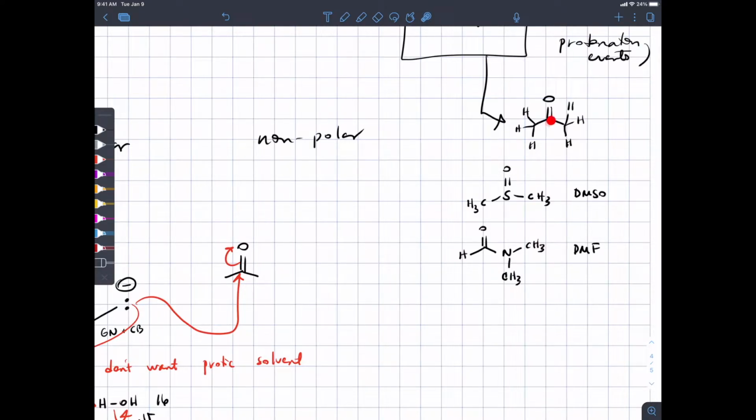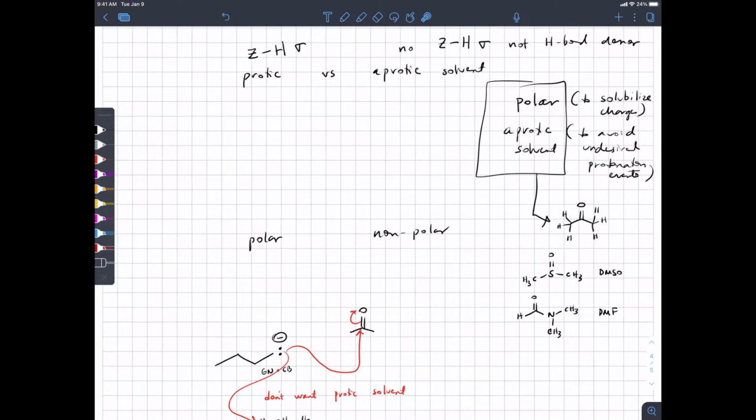All of these have carbon bonded to an electronegative atom. So these are examples of polar aprotic solvents that you might want to use in an SN2 reaction. Examples of polar protic solvents would be water, methanol, ethanol, and there might be others that you can think of. Those are the ones that immediately come to mind.